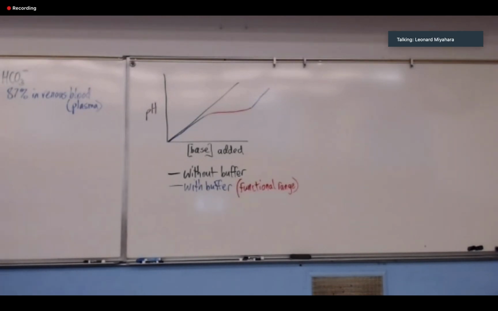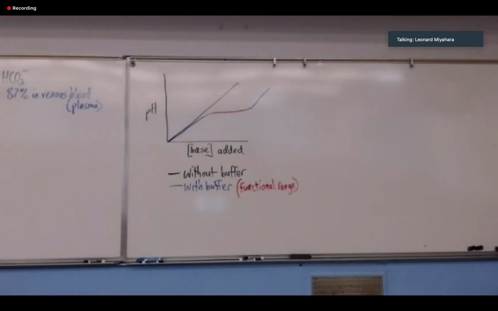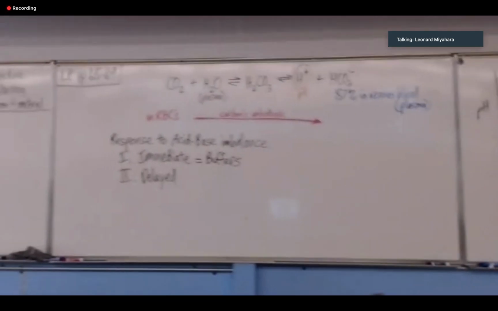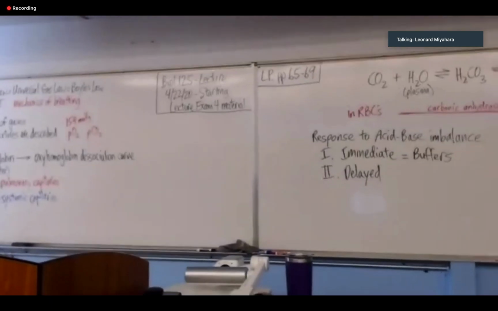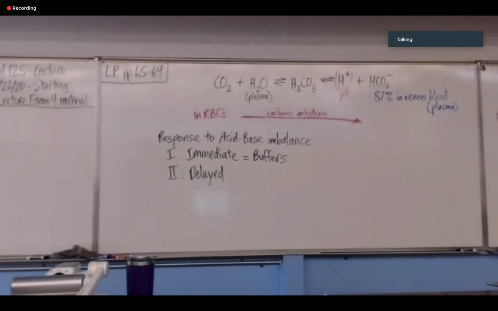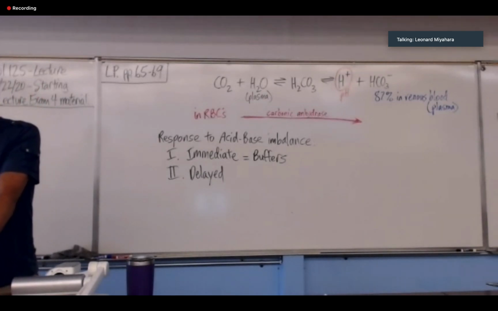Okay, that slide that has that graph on it is showing you the bicarbonate buffer system. And it can go either way. You could buffer both an acid and a base.